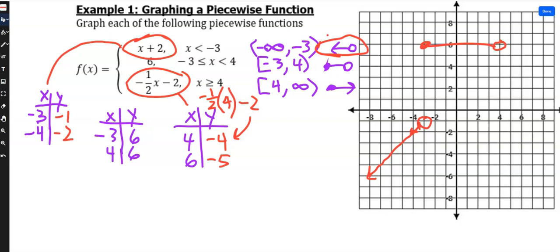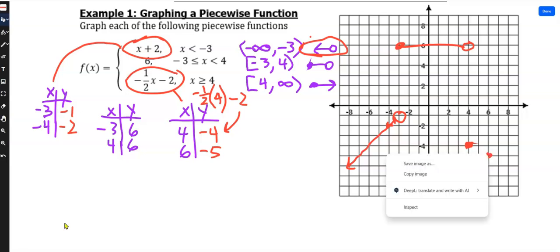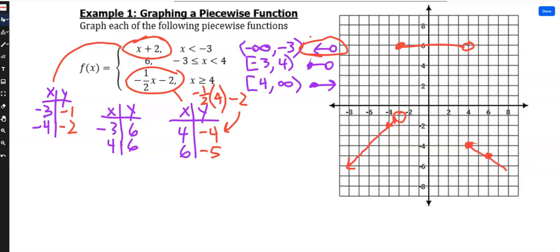But for the lines, which are fantastic test questions, by the way, now I can go to the last line: 4, negative 4, we know that's a solid dot, and 6, negative 5, that's a solid dot also with an arrow.